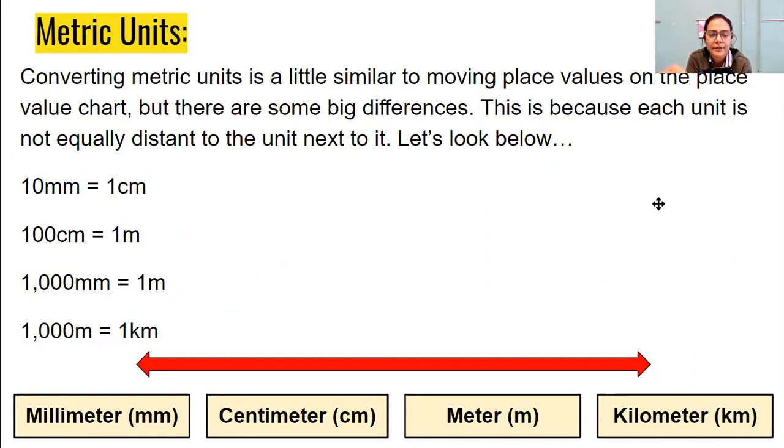We have to convert it. So 10 millimeters is equal to 1 centimeter. 100 centimeters is equal to 1 meter. 1,000 millimeters is equal to 1 meter. And 1,000 meters is equal to 1 kilometer.